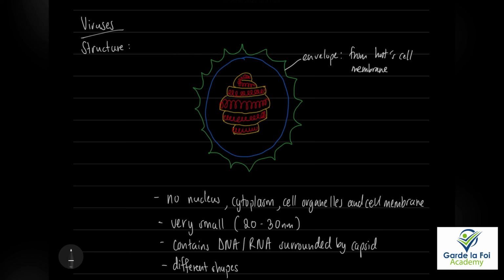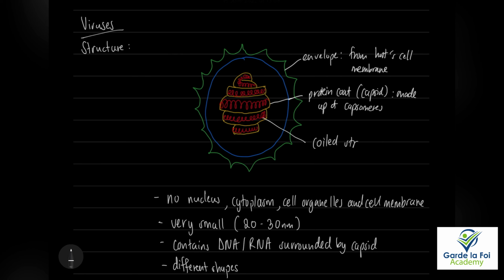And then we have this layer here that is called the protein coat. The protein coat, which is normally called the capsid, is made up of subunits called capsomeres. And inside we'll have a coiled strand of DNA, or it could be RNA.